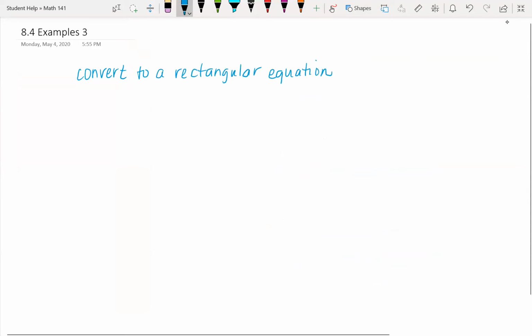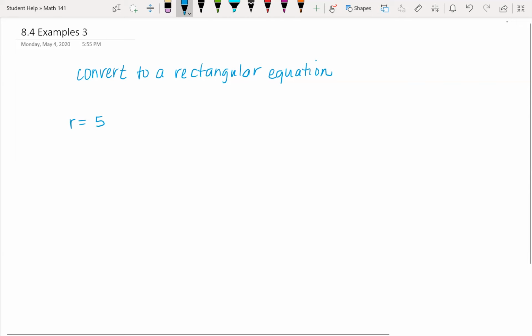Most of the time, if you're trying to get an understanding of what the graph looks like in Desmos, you might want to convert it to a rectangular equation because that's what Desmos is used to having as an input value. So for our first example, let's look at r equals 5. Well, we've been talking about this equation, and we know that this is a circle with a radius of 5.